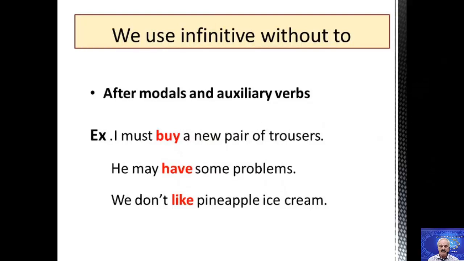Sometimes we use infinitive without to. When do we do this? We use infinitive without to after modal and auxiliary verbs. For example, I must buy a new pair of trousers. It's incorrect to say I must to buy.